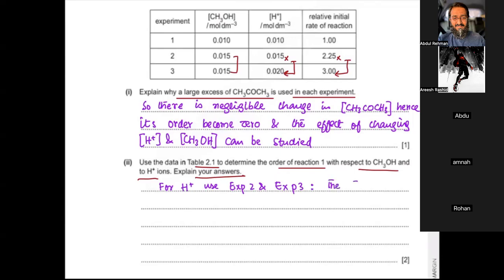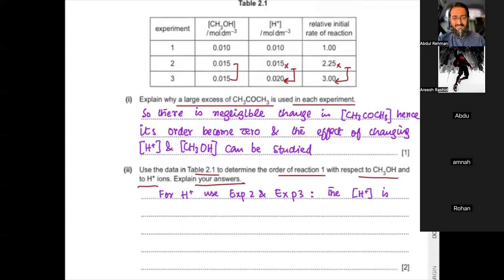The concentration of hydrogen ion, can anyone tell me by which factor the concentration is increased? From 0.15 to 0.20, it's the factor of 1.33. Okay. So the concentration of hydrogen ion is raised, and with the same factor the rate is also increased.